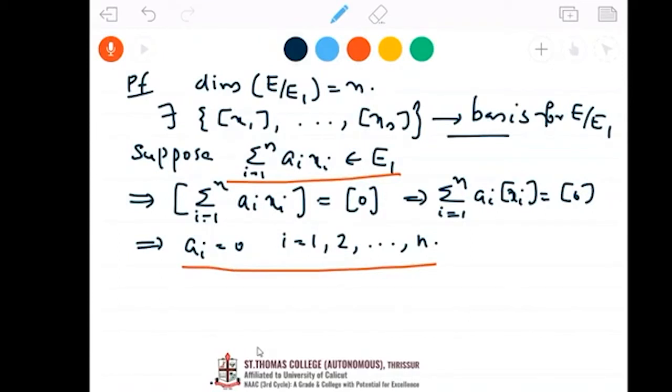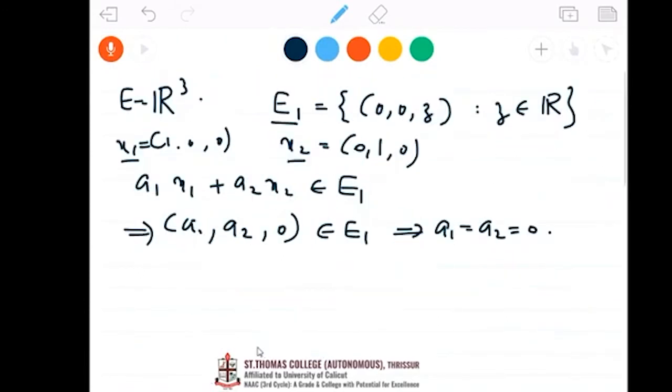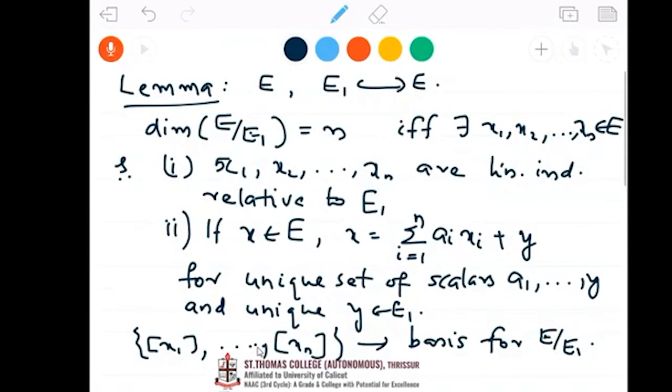This means that x1, x2, etc. xn are linearly independent relative to E1. Okay, so we proved this first property of x1, x2, etc. xn. Now we have to show that for each x element of E, there is a unique expression as given.